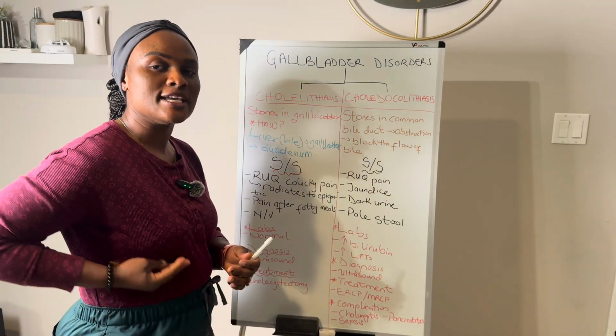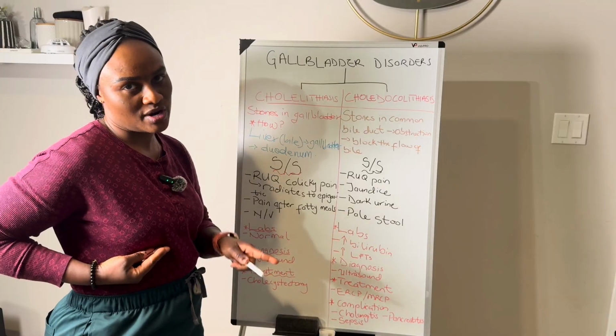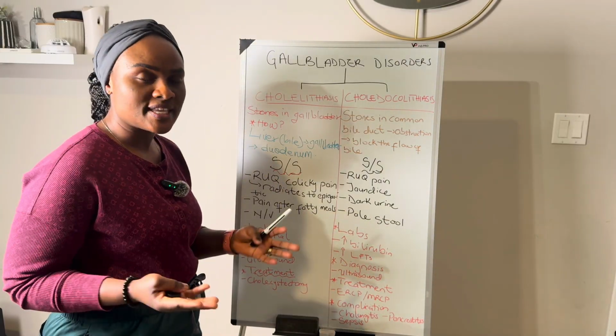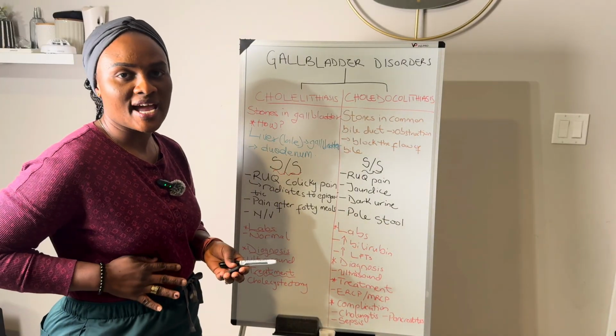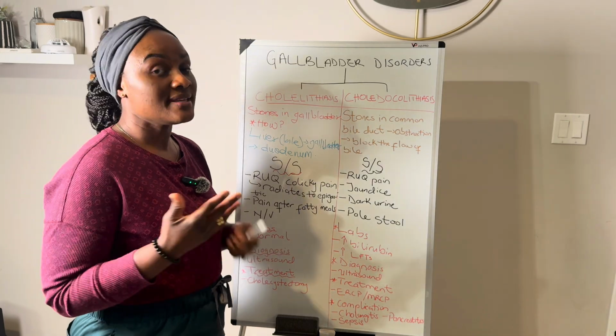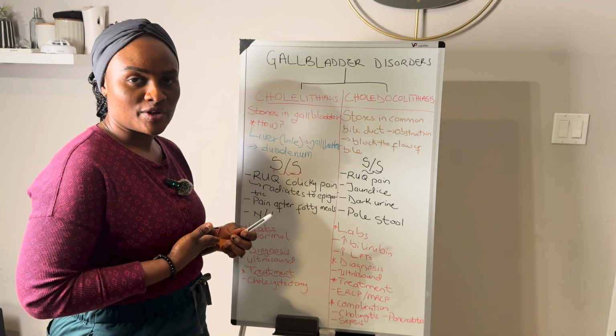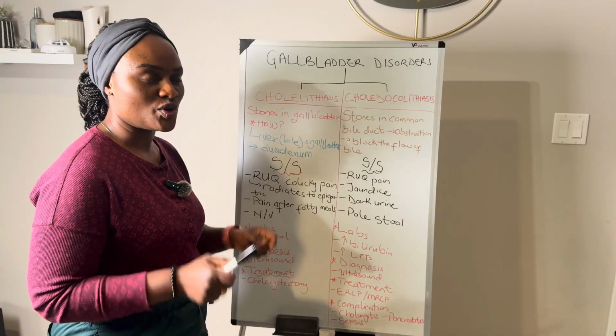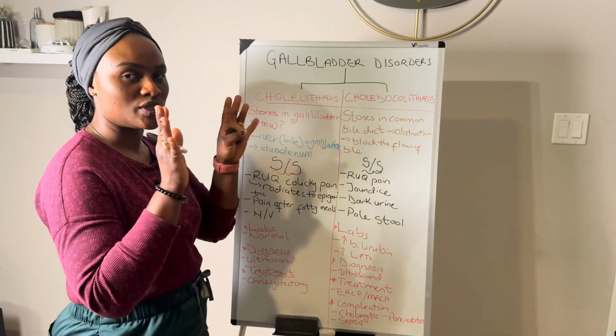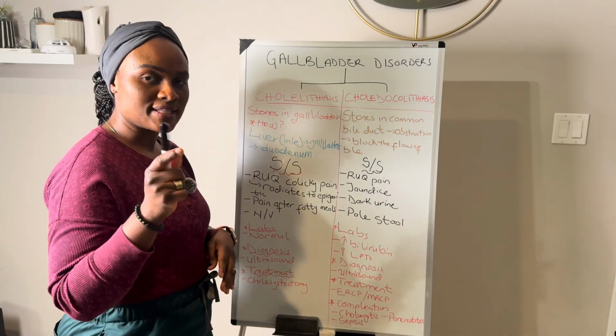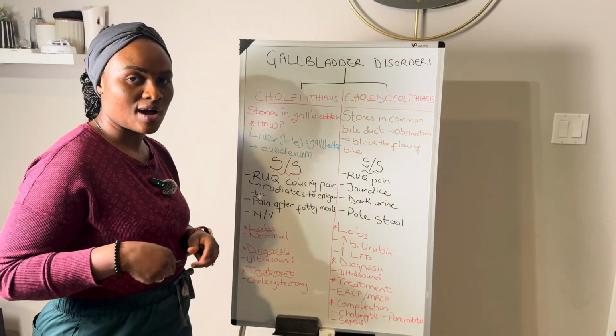Because your gallbladder is located at your right upper quadrant. So it makes sense for patients to experience pain in the right upper quadrant area. And sometimes it does radiate to your epigastric area. If you know your anatomy well, you will know that your abdomen is divided into nine quadrants. So the right upper side is where you have your gallbladder.